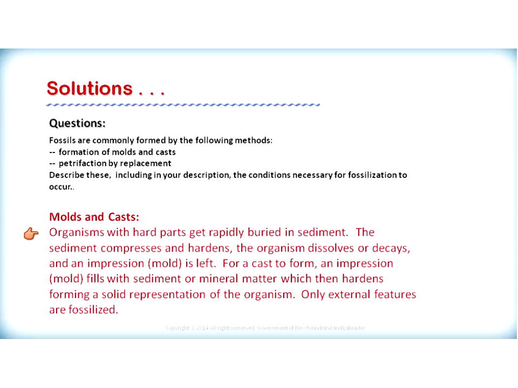For a cast to form, an impression or mold fills in with sediment, or is filled with mineral matter, which then hardens, forming a solid representation of the organism. In this type of fossilization, only external features are fossilized. So these 2 points address the question that's outlined above.